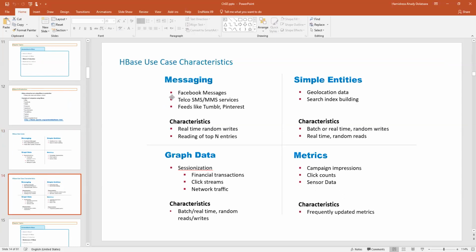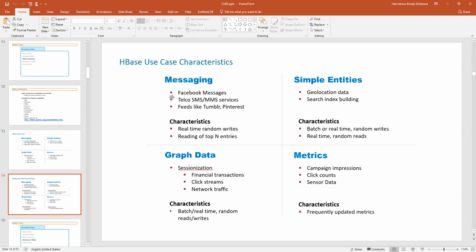Okay, let's look at the different use case characteristics. For messaging, examples are Facebook, Telco, Tumblr, Pinterest.